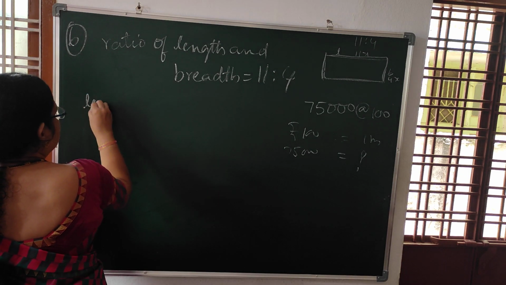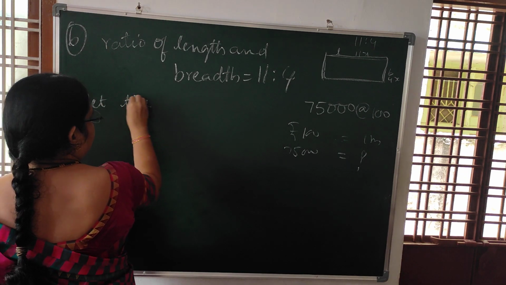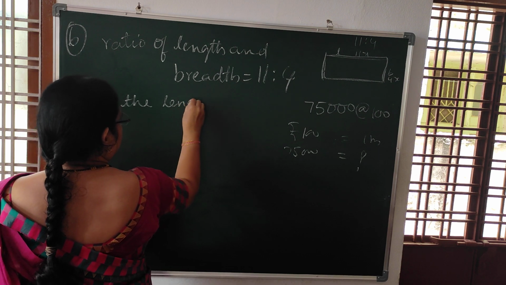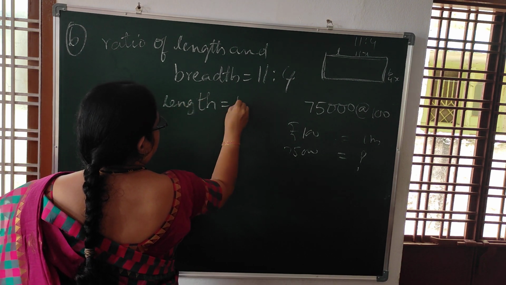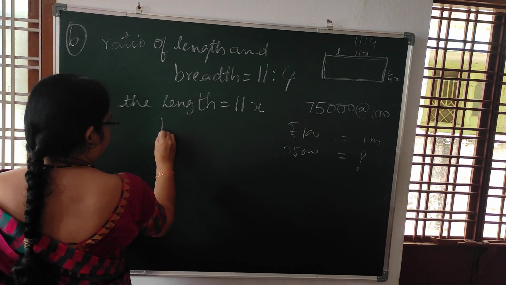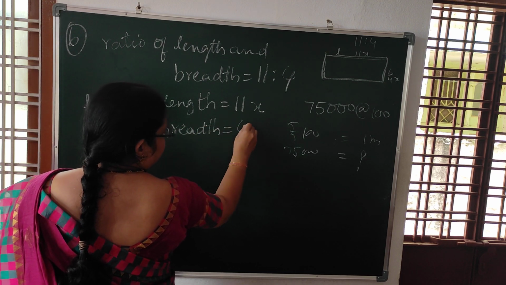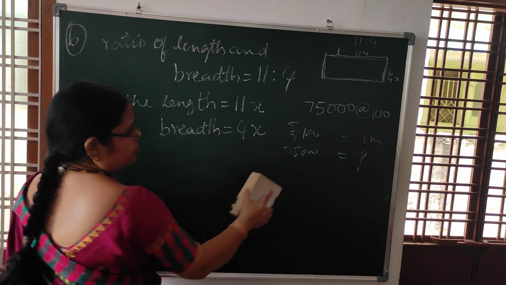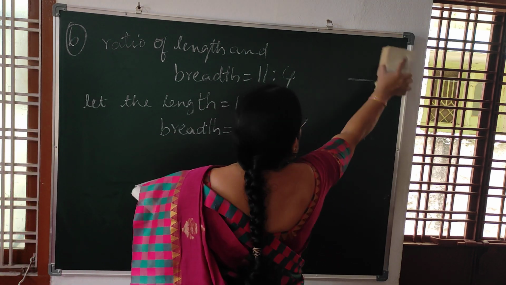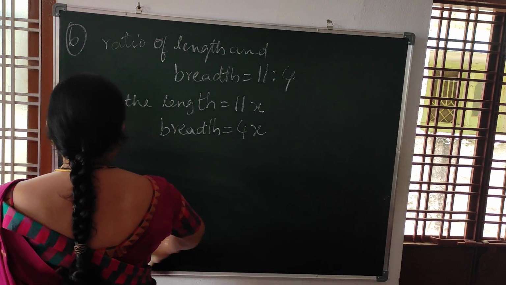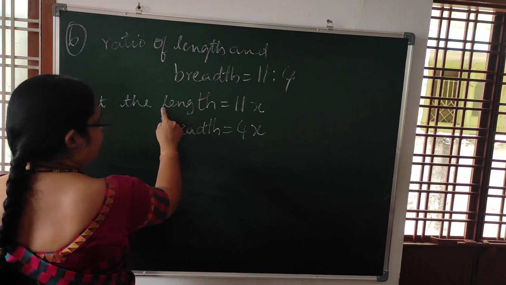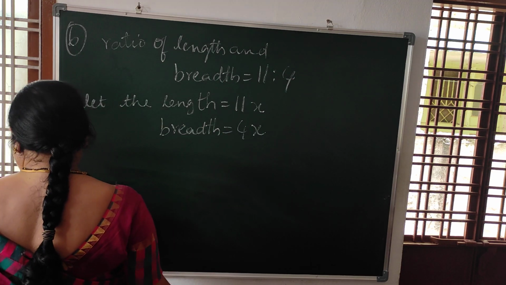So then length becomes 11x and breadth is equal to 4x. Length is 11x and breadth is 4x.